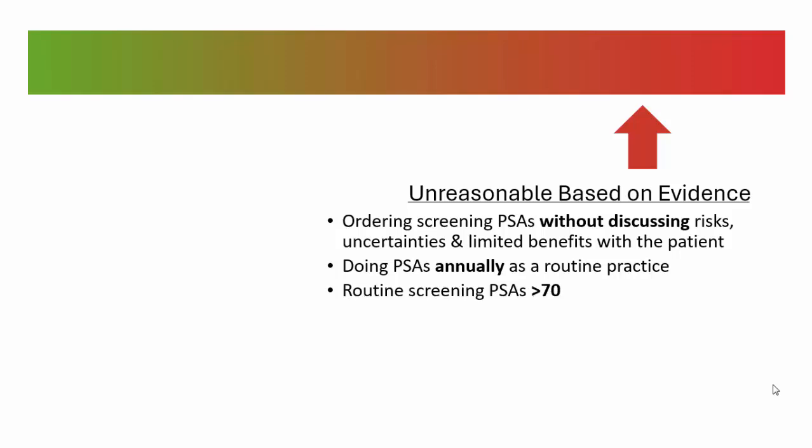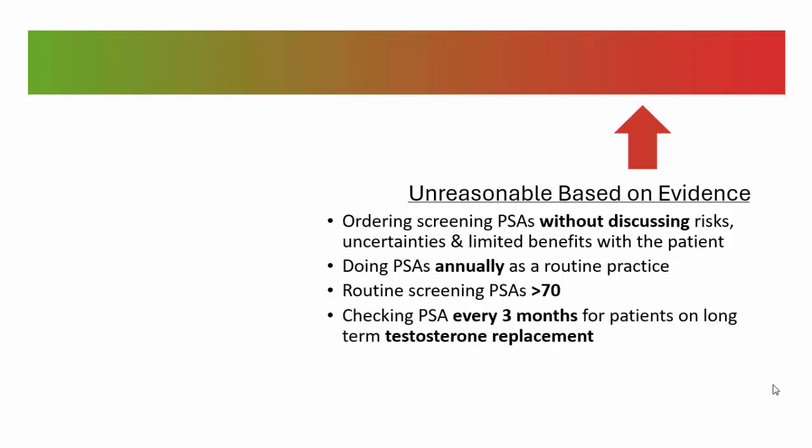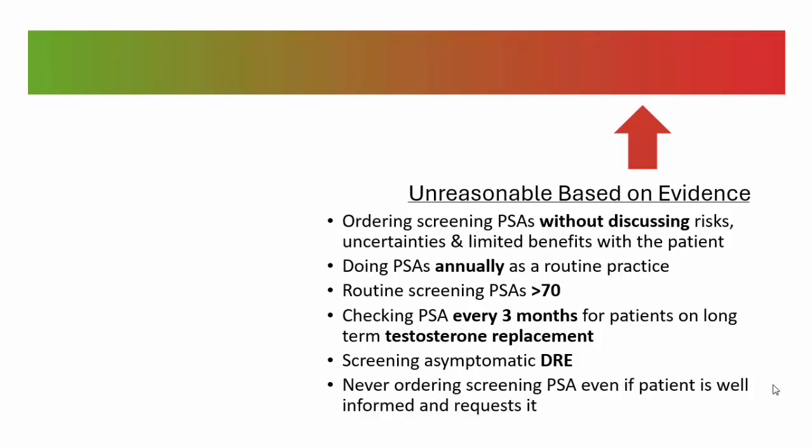Routinely screening patients above the age of 70 is not reasonable based on the evidence and the guidelines. Checking a PSA every 3 months for patients on long-term testosterone replacement would not comply with the guidelines. Doing any screening asymptomatic digital rectal exams. And on the other end of the spectrum, just refusing to do PSAs, even if the patient is well informed and requests it, I think that would be unreasonable too.